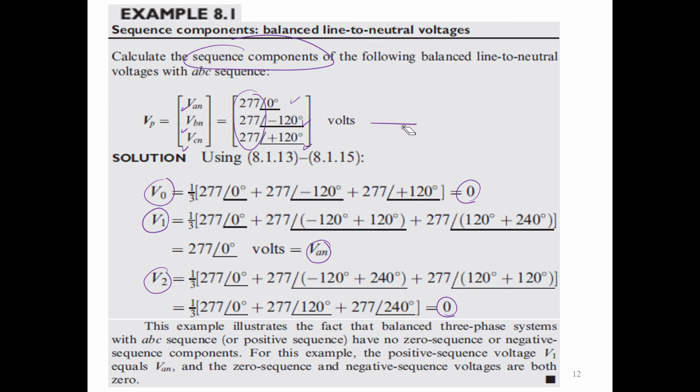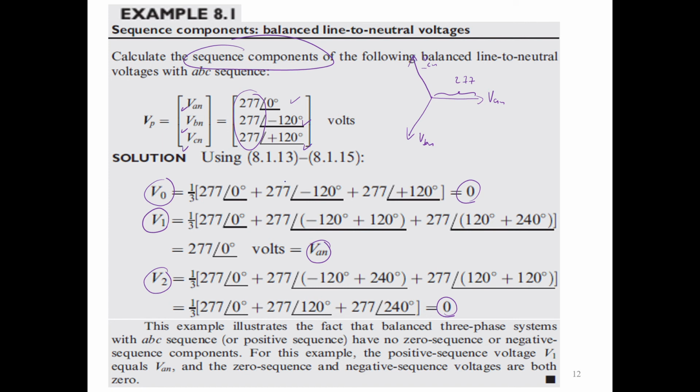This is a nice transformation. If you draw VAN here, VBN over here, and VCN, given VP with the length of 277, these three vectors are positive sequence.